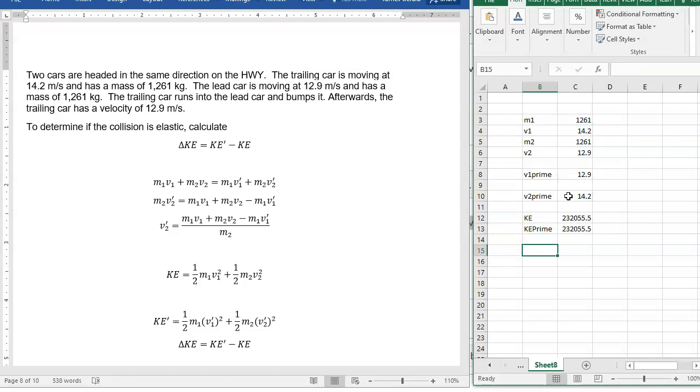And look at that. They are equal, and so delta KE is KE prime minus KE. We get 0. This was an elastic collision. And what you're going to enter for the answer is this 0 joules of energy.